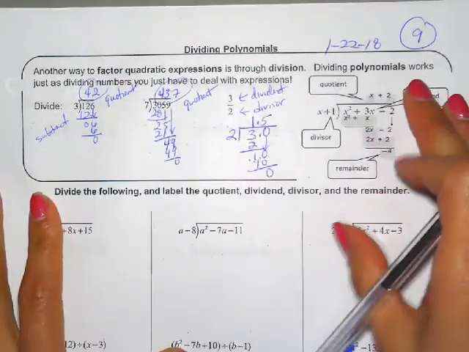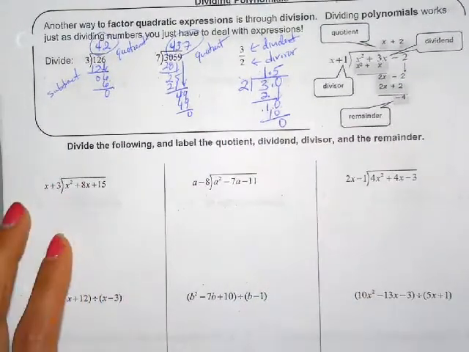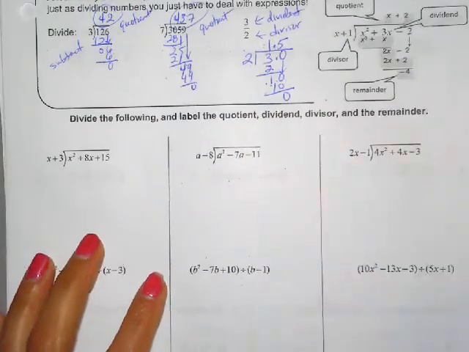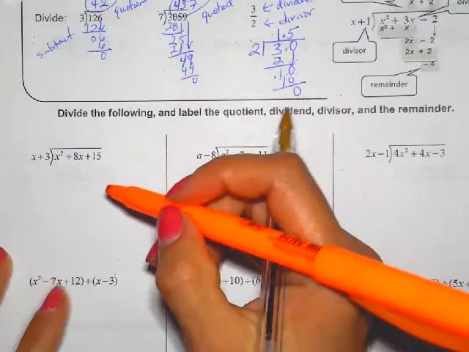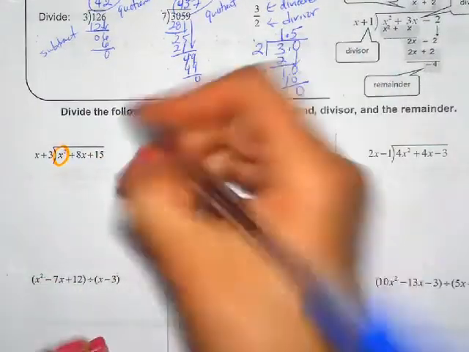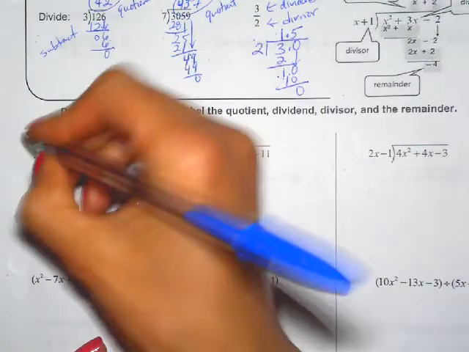So let's just start with the first example, and I'll walk you through it. So to start today's assignment, this is the first thing you're going to do. You're going to focus on the first term in the dividend and the first term in the divisor.